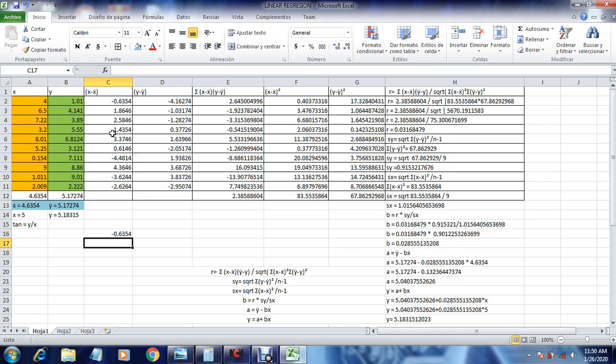We have this value, our first value, and then on and on to this last value in the same sequence.